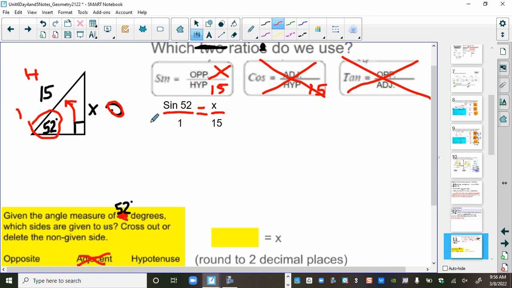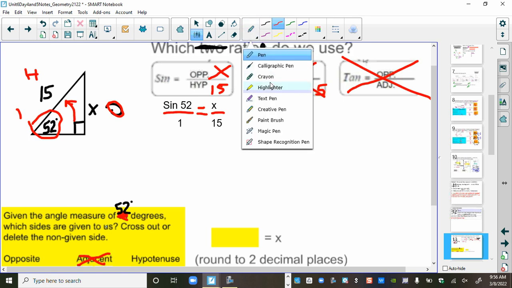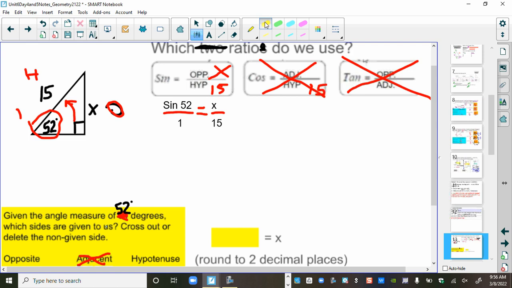So this is going to be a proportion. And that's really what we're going to do, because by proportion, you're going to multiply 15 on both sides to basically get the X by itself. So you're basically right, Valerie. That's exactly how we're going to knock this problem out.